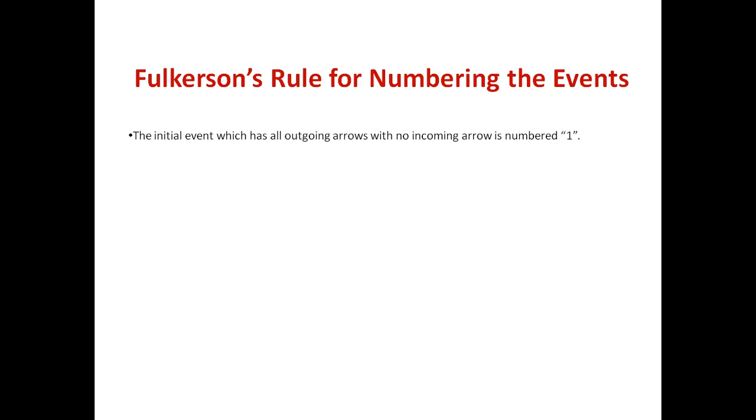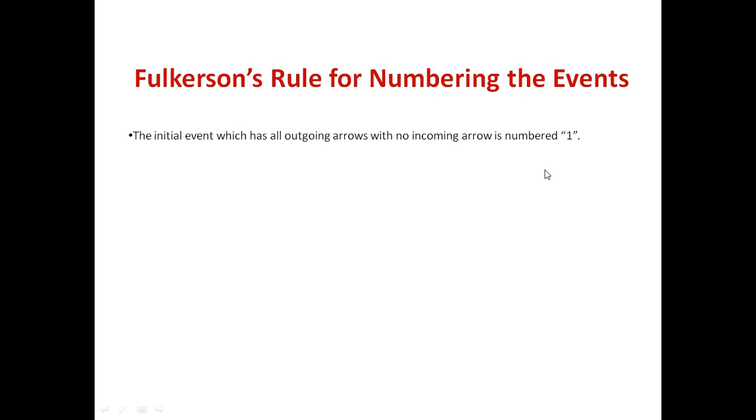Only one start event and one end event will be there for the entire project. The initial event has no incoming arrows, only outgoing arrows. That initial event is first given the number 1.